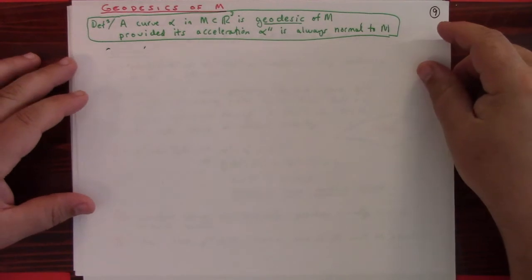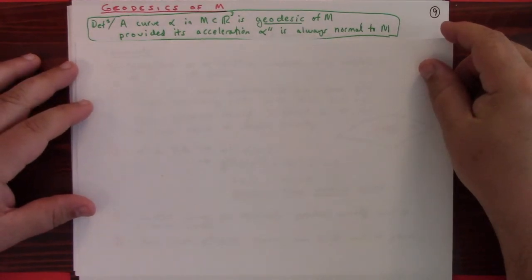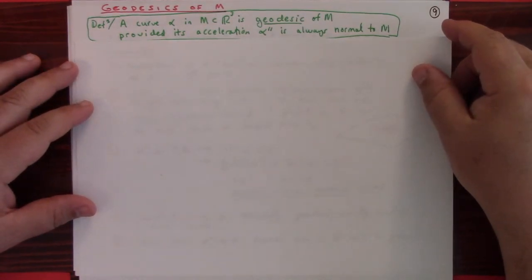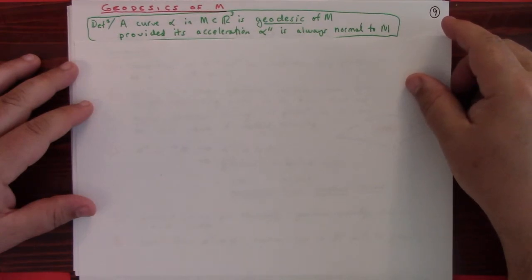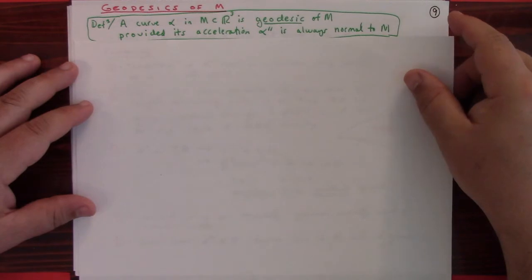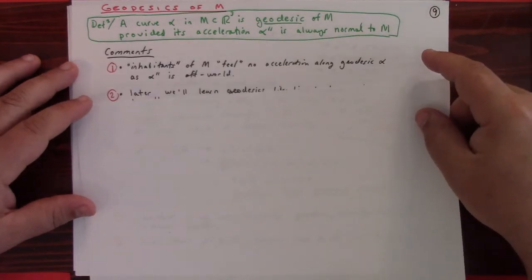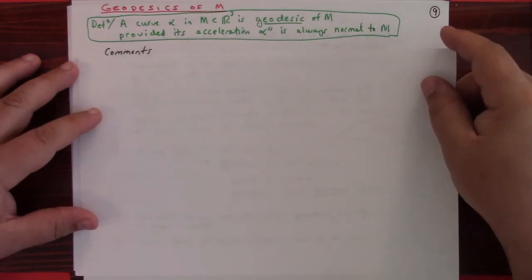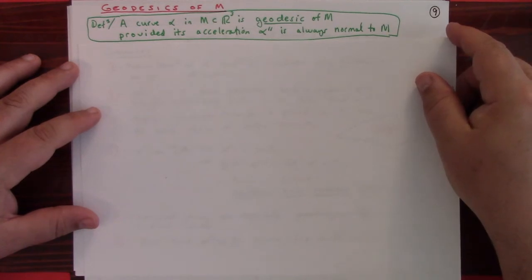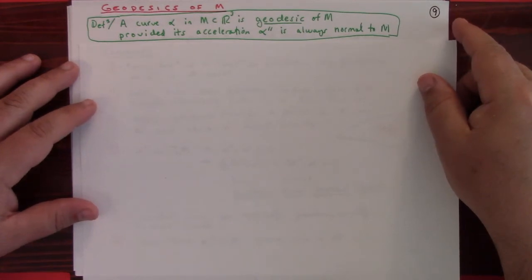A curve alpha in M is a geodesic of M, provided its acceleration is always normal to M. All right. So, what's that mean? What's it mean for the acceleration to be normal to M? That means that alpha double prime is parallel to the unit normal, I believe.